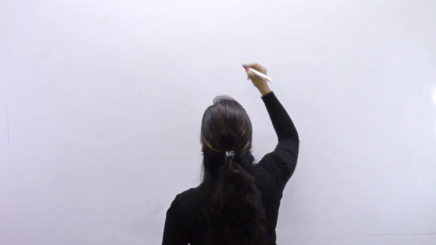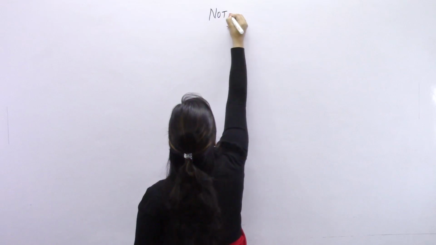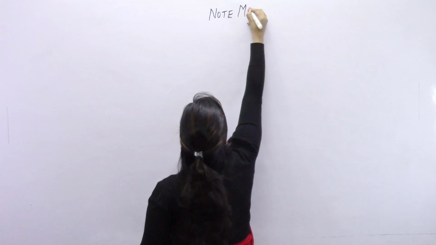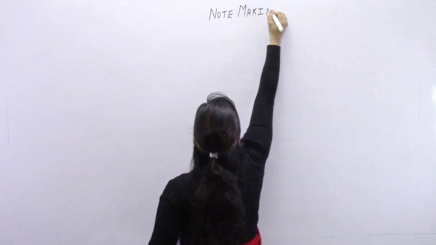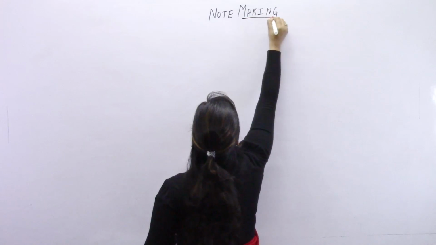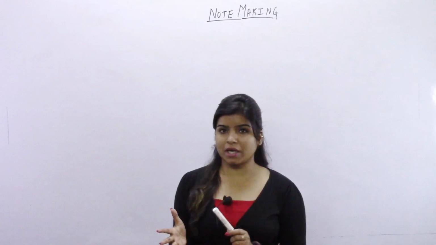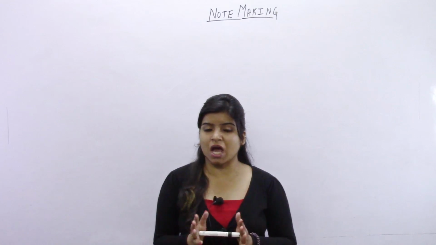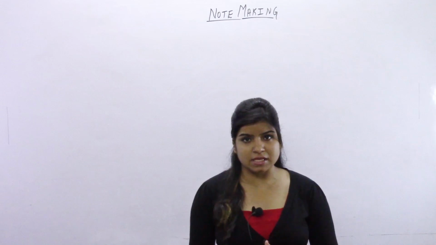So today we are here to achieve the target of 8 marks for note making. Note making comprises 8 marks, where the first 5 marks are for note making and the remaining 3 marks are for your summarizing part.